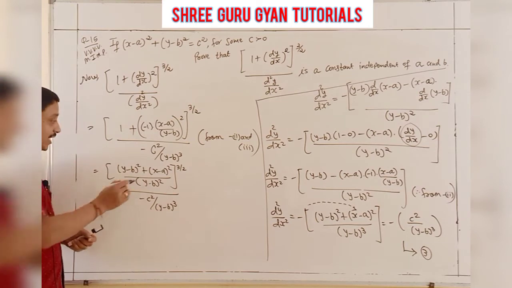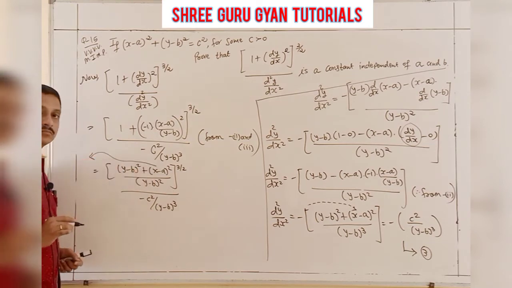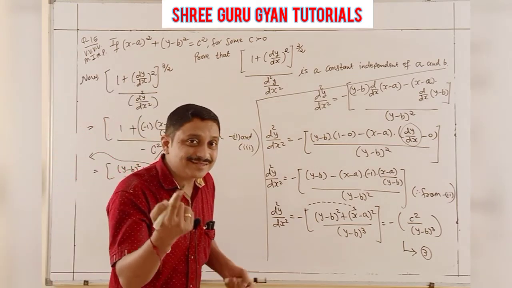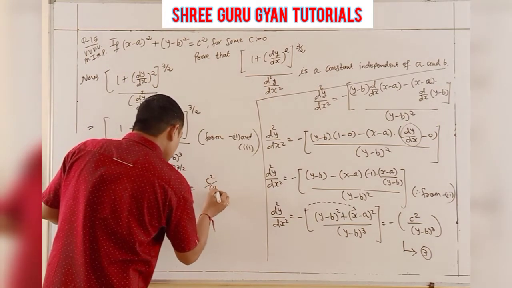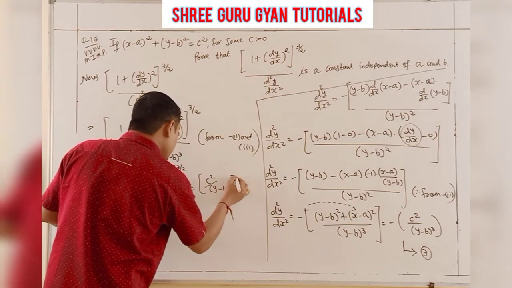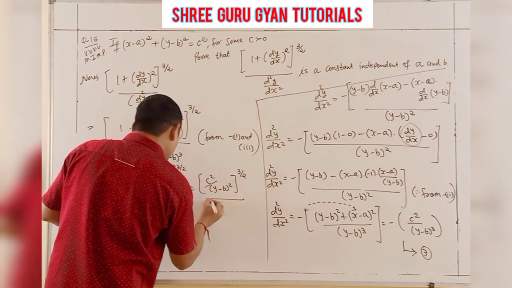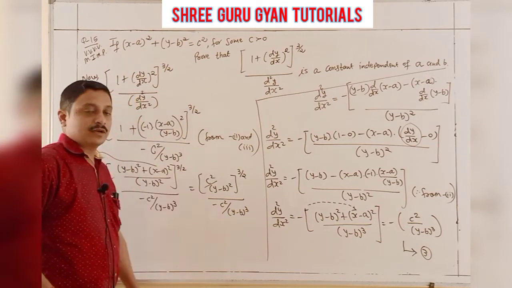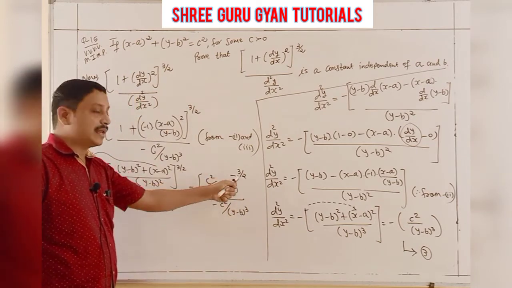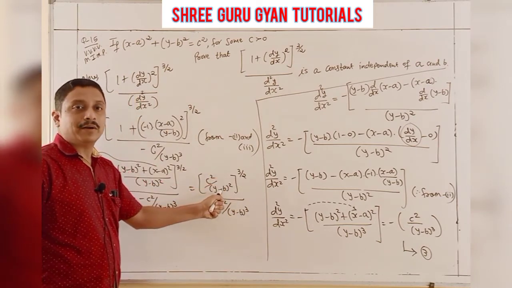Now students, again what is this? It is statement 1, c square. So the value is c square, (y minus b) whole square raised to 3 by 2, upon the same. Now this 3 by 2, apply the power rule.